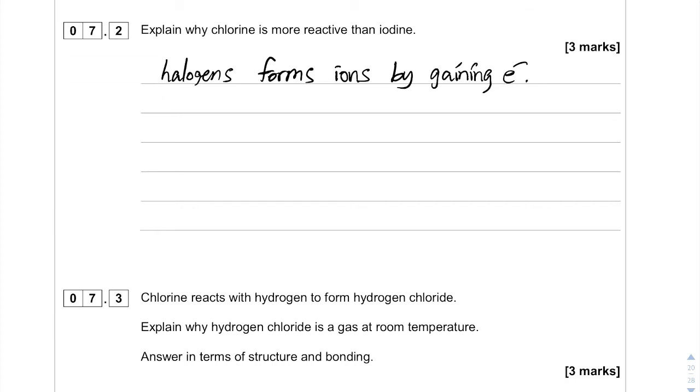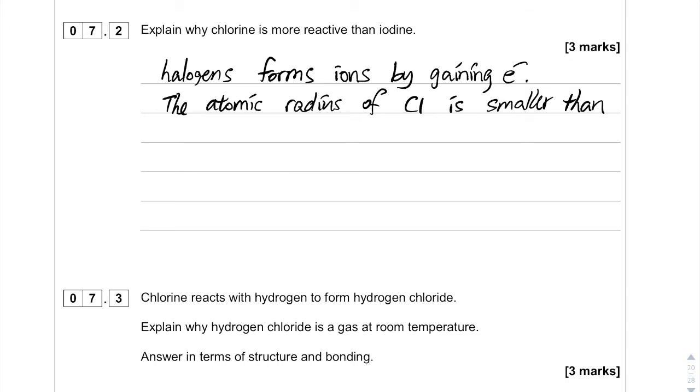And halogens form ions by gaining electrons, and the atomic radius of chlorine is smaller than iodine. So that's the main difference in terms of the halogen series, is that iodine is much, much bigger.